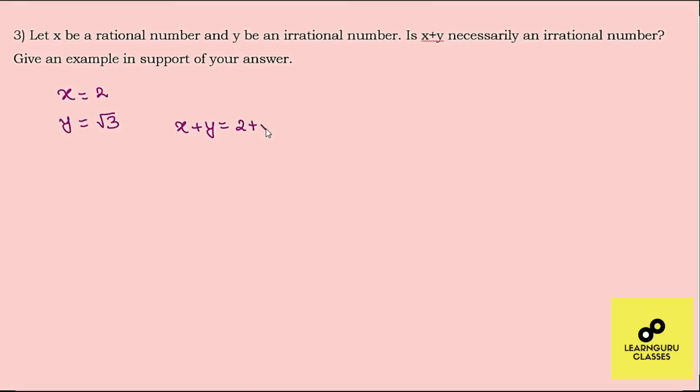Okay. So let's check. Suppose we add 2.0000 something like that. The value of root over 3 in terms of non-terminating, non-repeating decimal expansion is 1.732, and the rest I don't know what will be the values. So that's 3.732 something like that.